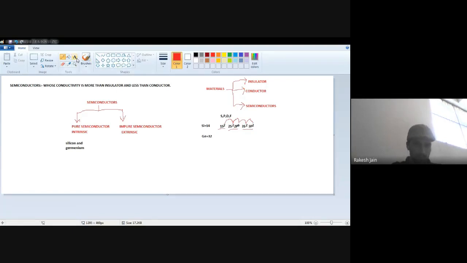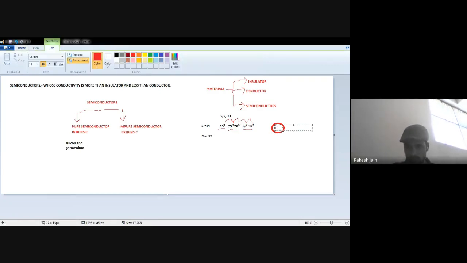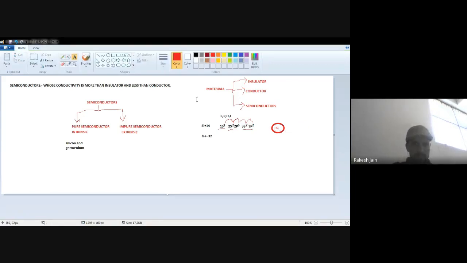So whenever we want to represent silicon, how can we represent it? We just encircle it, write silicon there, and mention 4 dots over it.